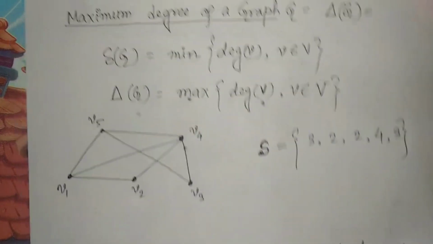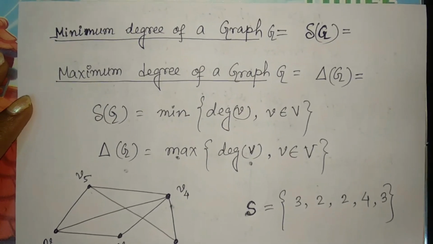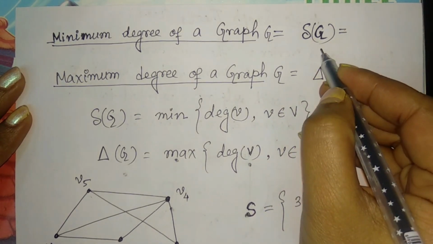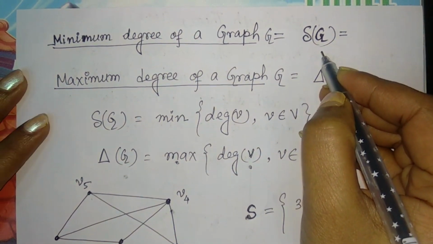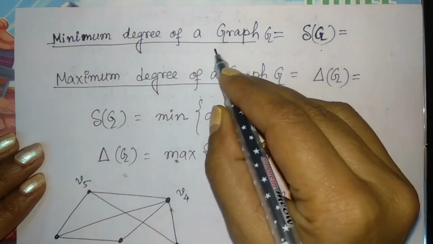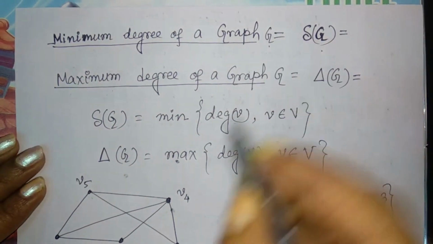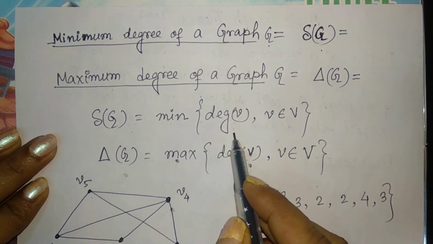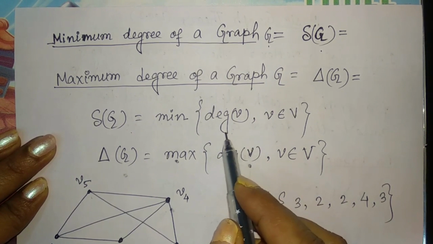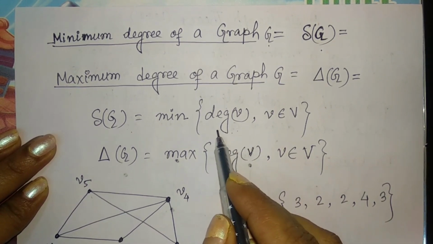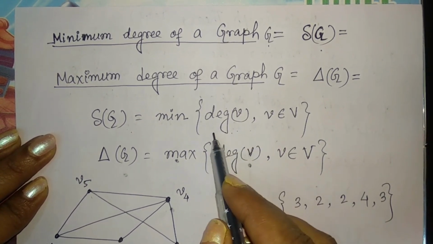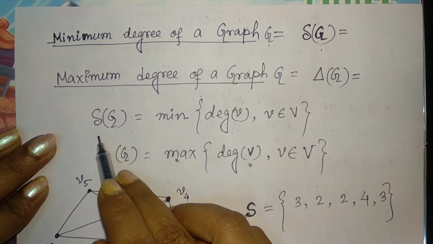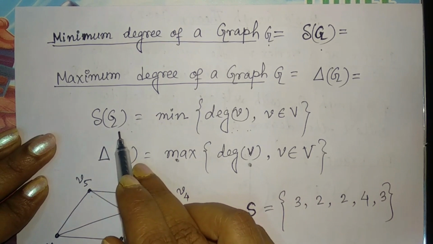Now, one more thing is the minimum degree of a graph G, denoted by delta G. So what do we mean by the minimum degree? It is the minimum degree of the graph, not of the vertices. Among all the degrees calculated for each individual vertex, the minimum one is the delta G value.